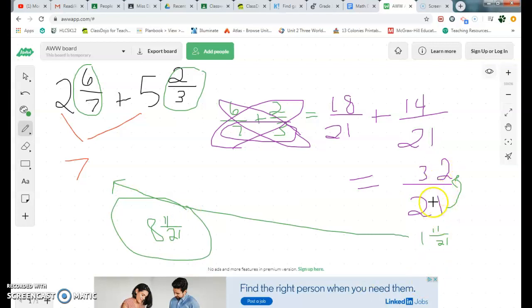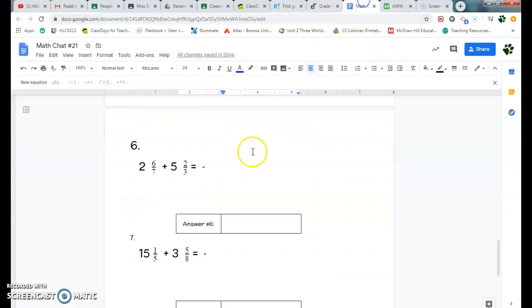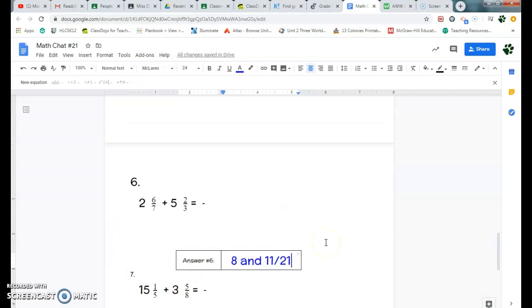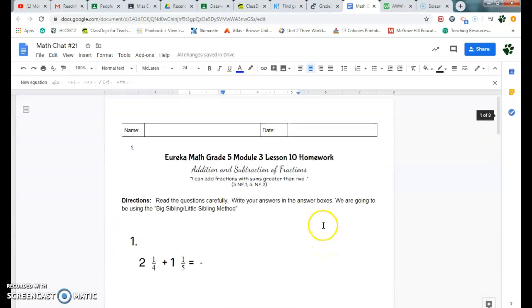Just remember that when you're adding the little siblings, if you end up with a sum of an improper fraction, you need to convert it to a mixed number and then add it back to your big sibling. Okay? So my answer for this one is going to be 8 and 11 21sts.